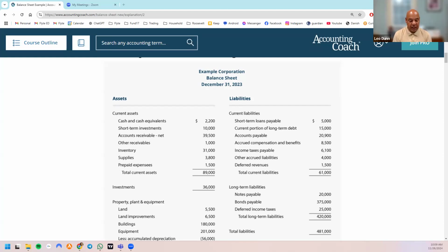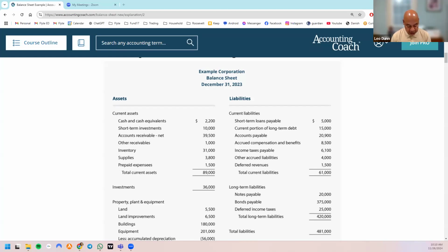So if you paid $1,500 for insurance on December 31st, and that insurance was for the year 2024, it would not be expensed until the end of 2024, and it would remain on your books as a prepaid as you use it up. So insurance would be a great example of a prepaid expense. So on this particular balance sheet, if you look at it, our total current assets would be $89,000.